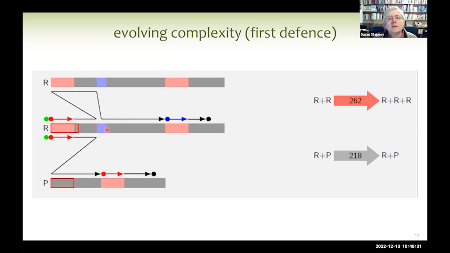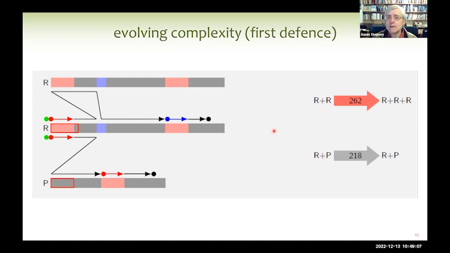What the blue area does is simply it's a small piece of code that flips the execution pointer to the beginning of the other string. And then it moves along this other string until it gets to the same blue area, which of course now flips the pointer back to where it was before. It moves along, gets to the copy code, copies the first string, and then terminates. And so now after 262 time steps, you've ended up with a new copy of the replicator.